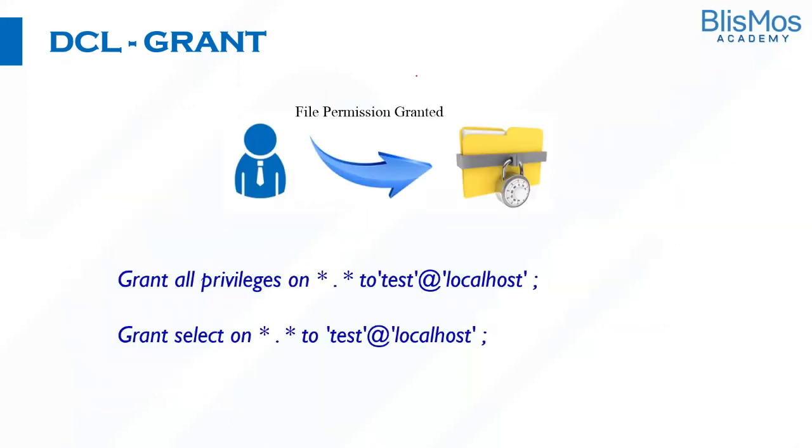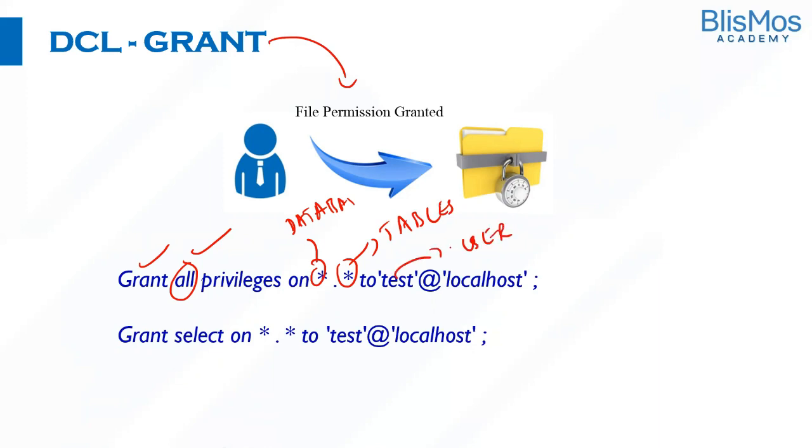So how do we use the grant? There are many variations of granting permissions, but we'll show a couple of them to get a hang of it. In this case, we are saying grant all privileges on star dot star. What is star dot star? The first star represents databases. The second represents tables.